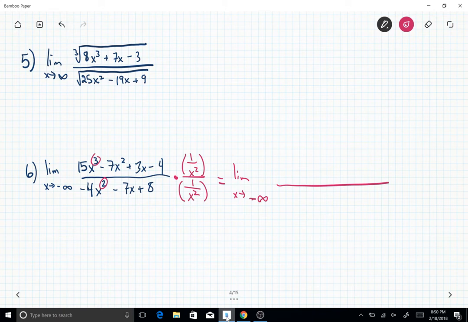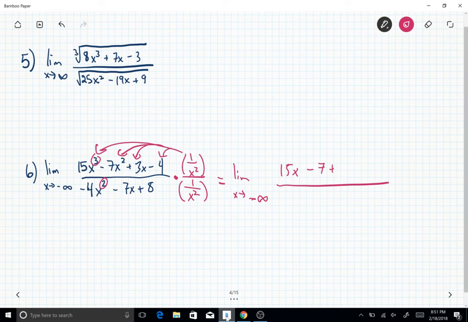So in the numerator, notice what we have. When we simplify, we have to take this times each term, if you recall. 15x cubed over x squared just makes 15x. Then we have minus 7, because the x squareds cancel.